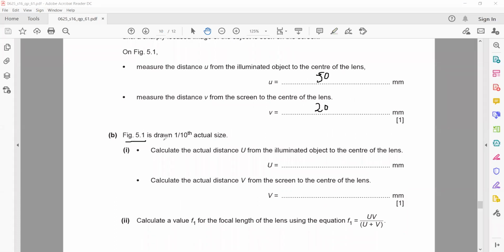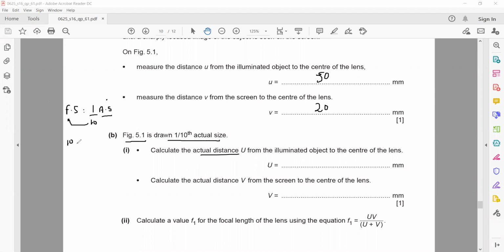Figure 5.1 is drawn 1/10 of actual size. So we'll use the ratio. The figure size is 1/10 of the actual size. So the question is, what is the actual size? If I need the actual size, this 10 is divided on one side, so on the other side it is multiplied.